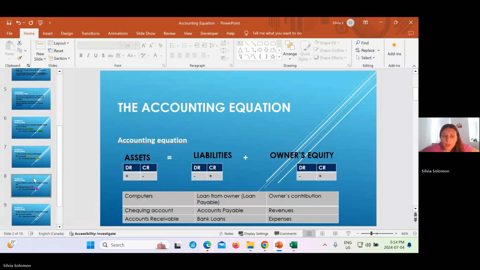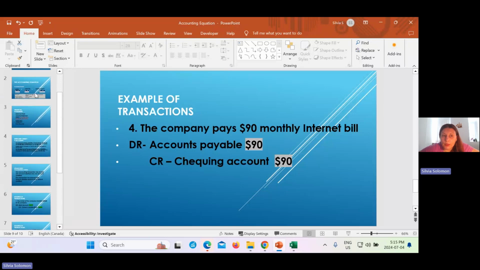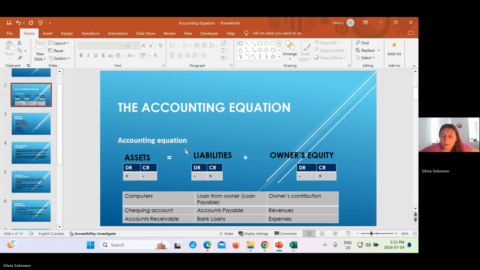So an asset is going to decrease by the credit side. Okay. So then when we pay the bill, we're going to debit the accounts payable. This is a liability. The liability is decreasing by debiting it. Okay. And also, what is going to decrease?